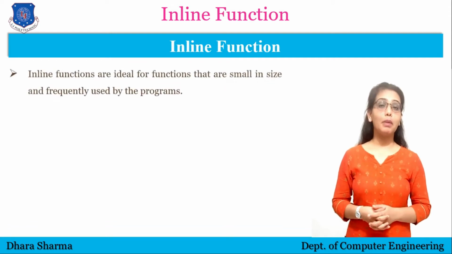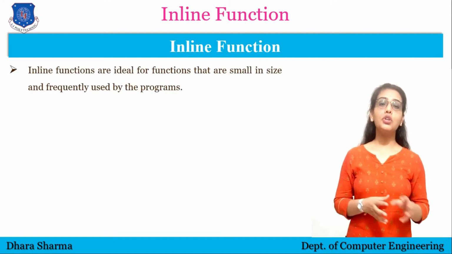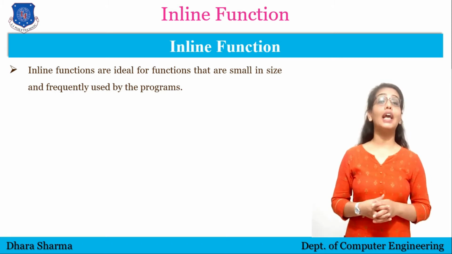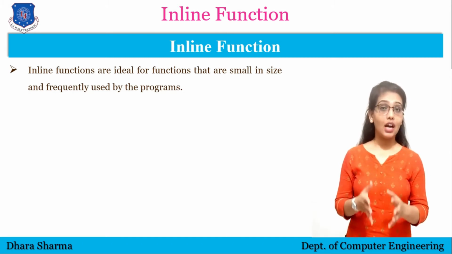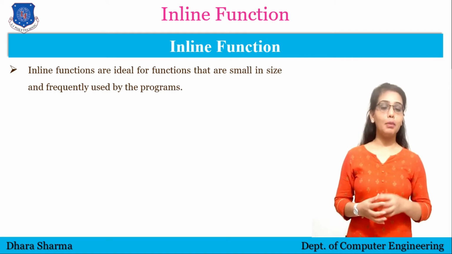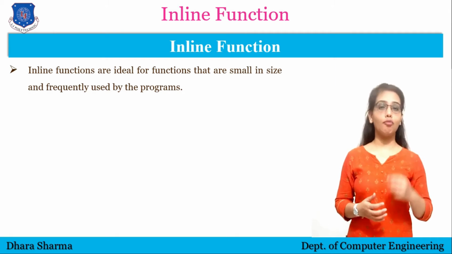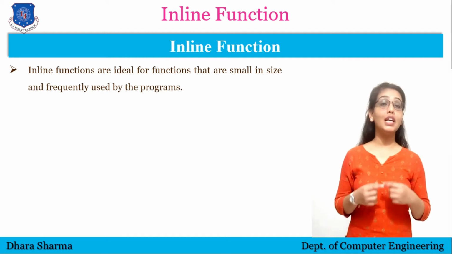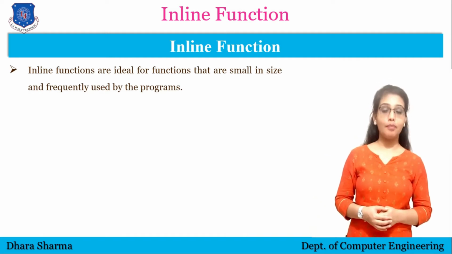An inline function is basically used for functions of smaller size. If we make those smaller functions inline, let's understand what will happen. The execution starts from the first statement of the main function and executes statements from consecutive memory locations.